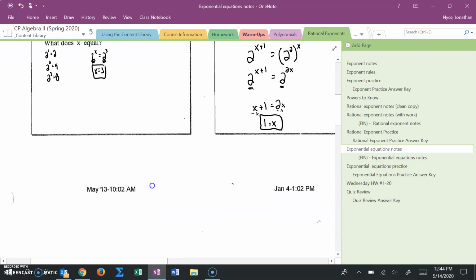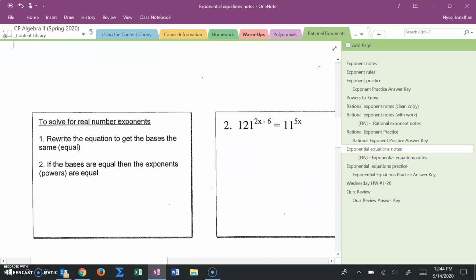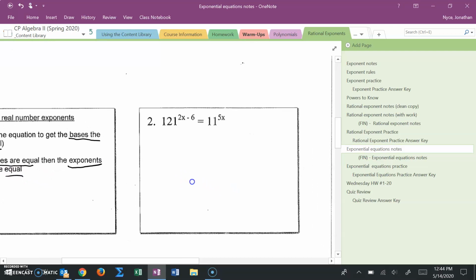So let's look at a couple more examples and then go from there. Again, you want to rewrite the equation to get the bases to be the same. That's a key. Once the bases are equal, then the exponents are equal. So that's the goal here. When you're looking at 121 and 11, both of those are powers of 11.